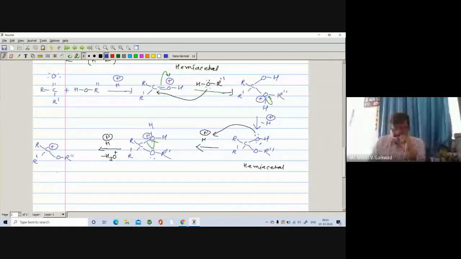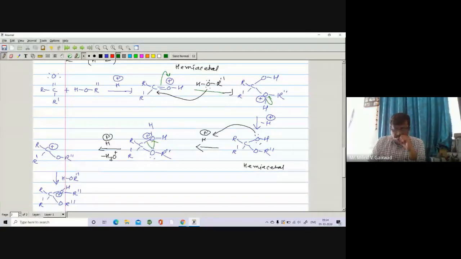And further, the next molecule of alcohol, HOR double dash, attacks on this C positive, and you get the formation of such type of compound. R, C, here is R dash, OR double dash as it is, and this OH will attack R double dash. So oxygen carries a positive charge. Why? Because the lone pair on the oxygen is given to this positive, so there is a neutralization of the positive, right?